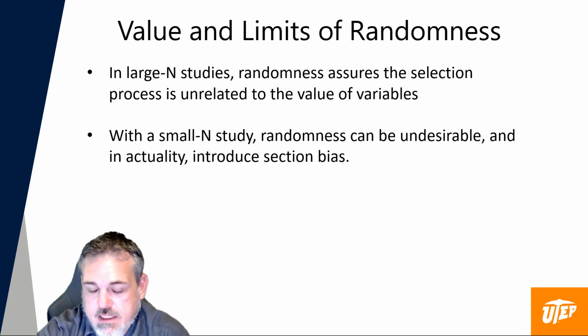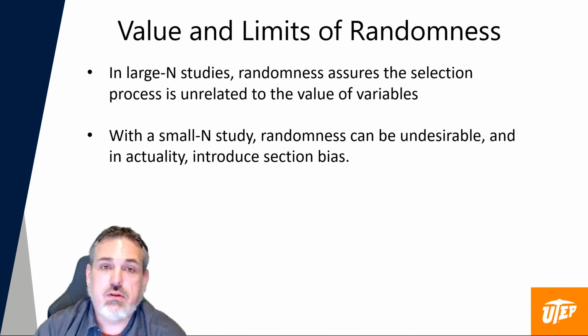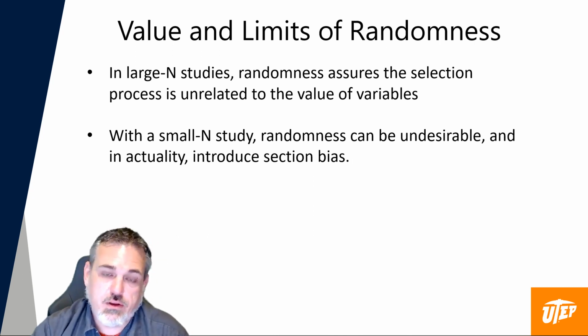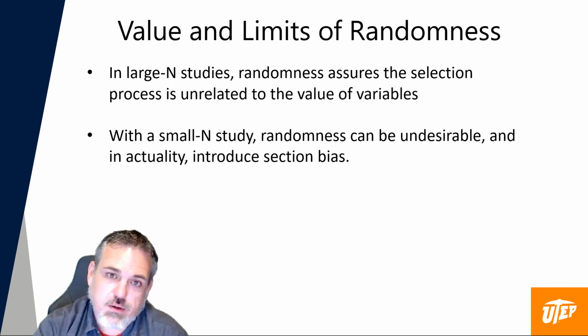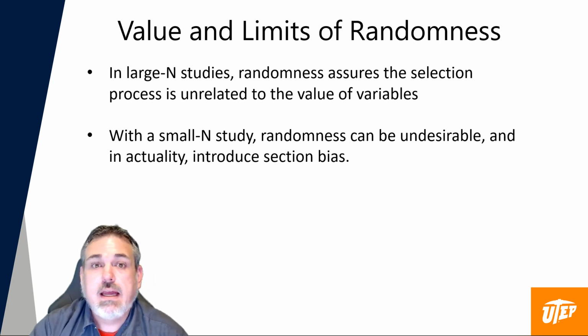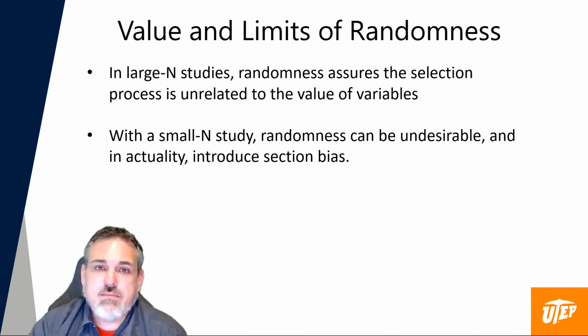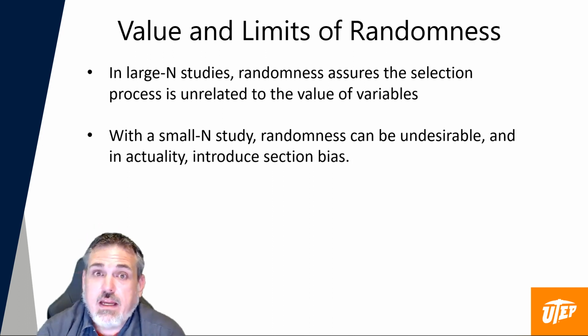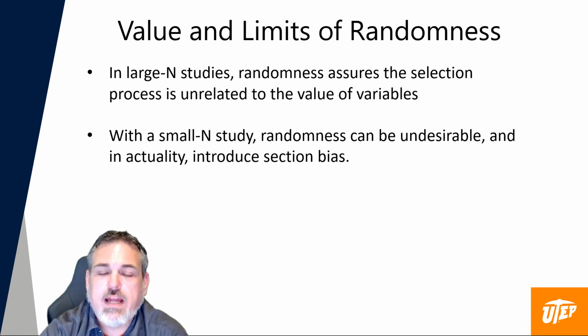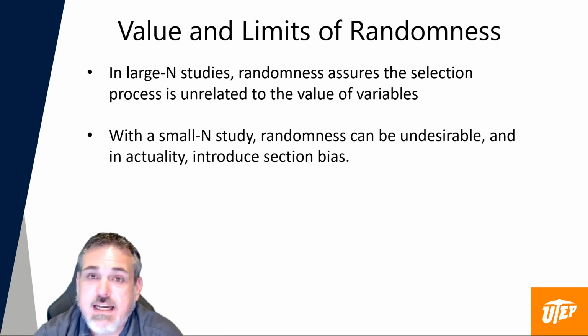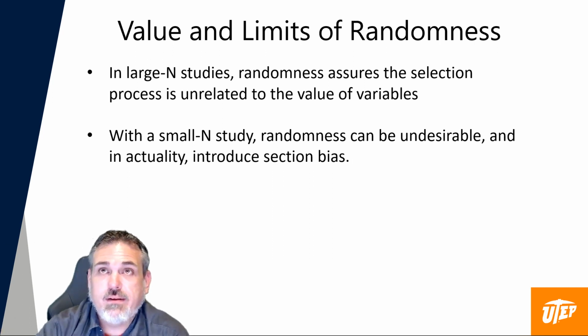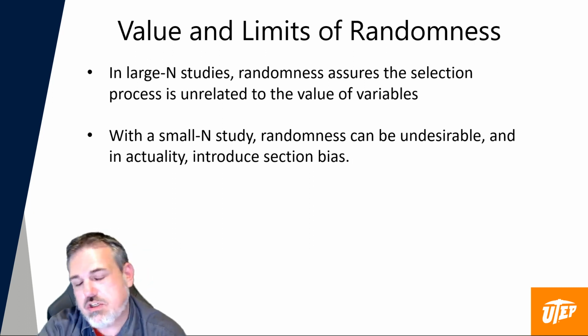So that circumstance I explained on the last slide, in which all the zeros in variable A were ones in variable B, and all the ones in variable A were zeros in variable B. Well, if you've got 6 cases and you chose them randomly from a selection possibility of, let's say, 20, well, your selection mechanism, that is random choice, actually introduced selection bias, which should be a bit ironic.